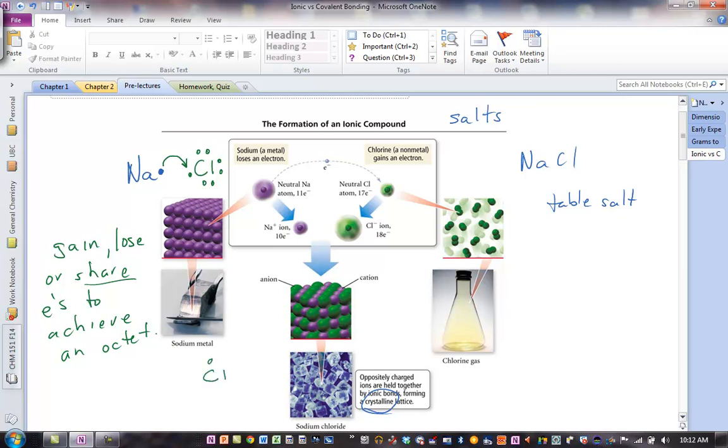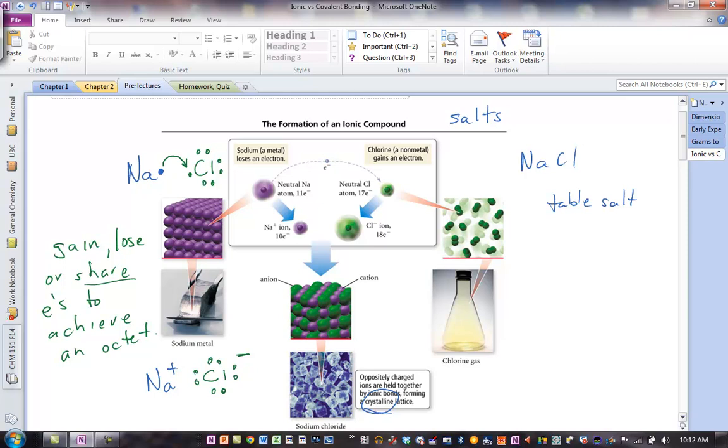So now if we draw chlorine with an extra electron, it gained a negative electron, so it's going to have a -1 charge. Sodium has now lost an electron, so it now has a positive charge. So we've talked about cations and anions. It's always a change in the number of electrons. To form a cation, we lose electrons. To form an anion, we gain electrons.